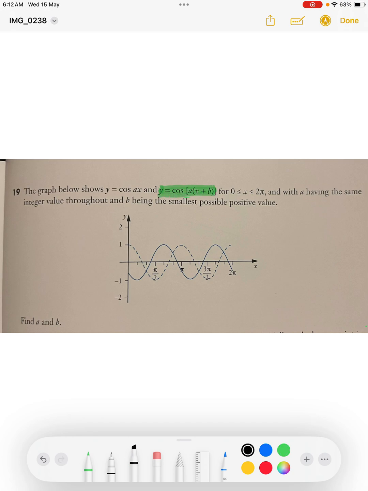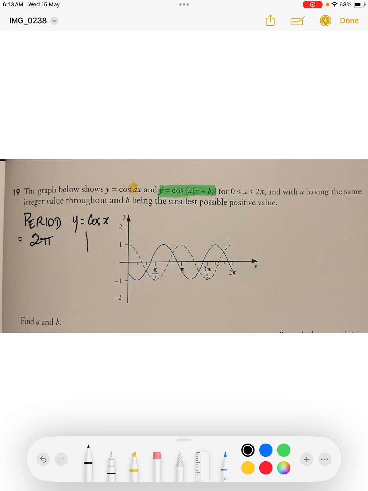Now, what does a do? a adjusts the period. When you've got a value in front of x, I'll highlight this value here, a, then the period of a cos graph, which is y equals just cos x, is 2 pi.